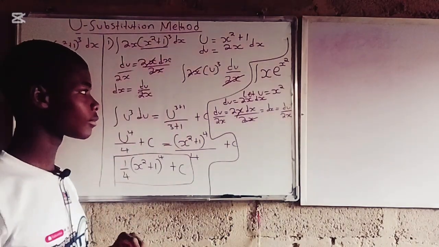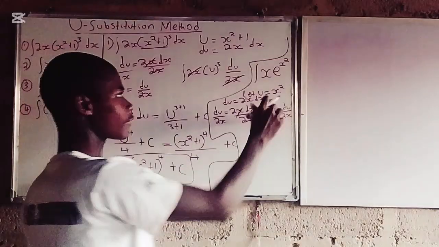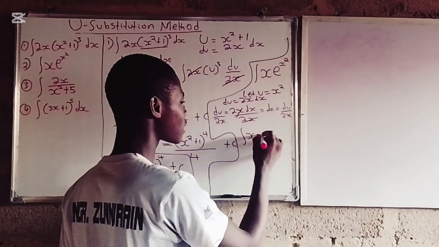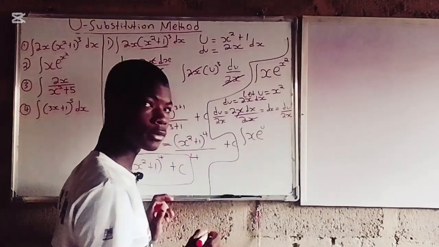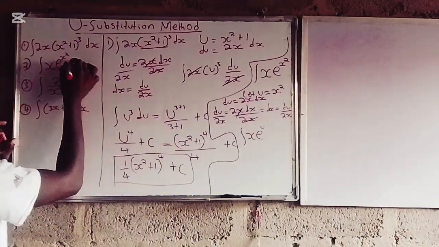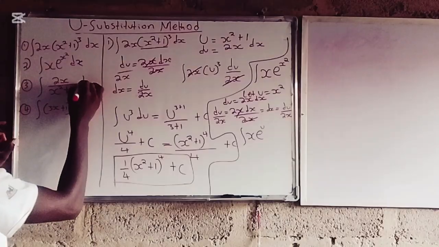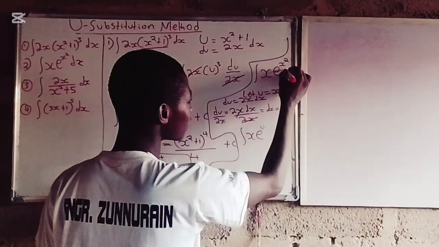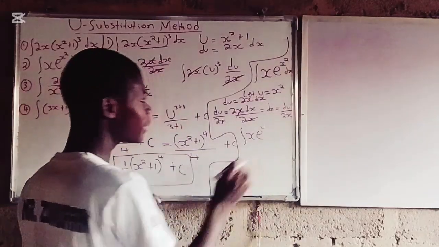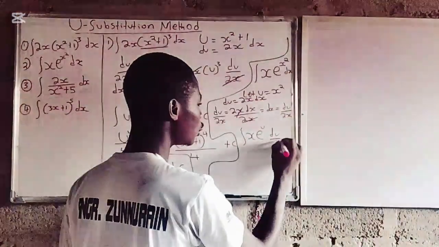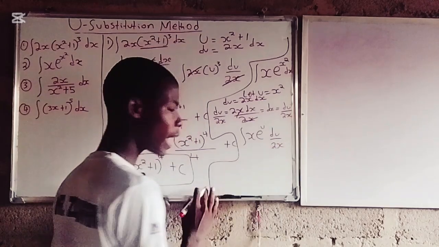So I have to substitute them. My integral is the same thing as x e to the u, then I have dx. Okay, sorry, here I have dx. So what will be the dx? Dx is the same thing as du over 2x.